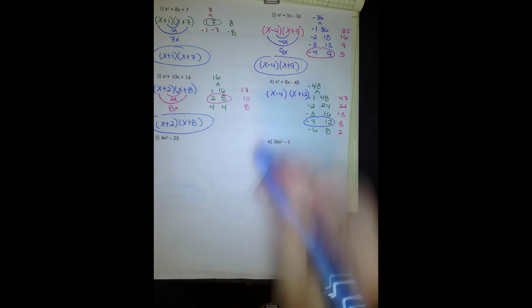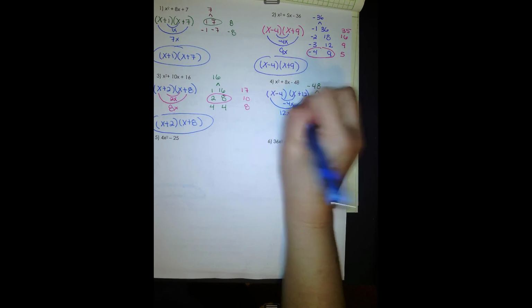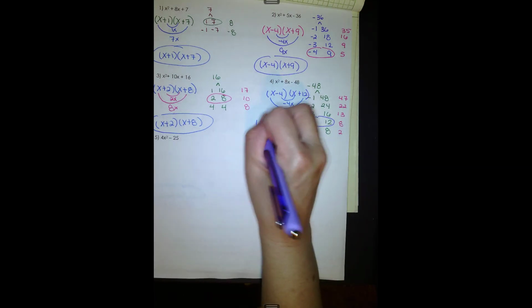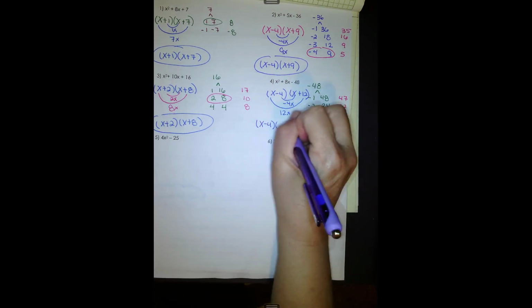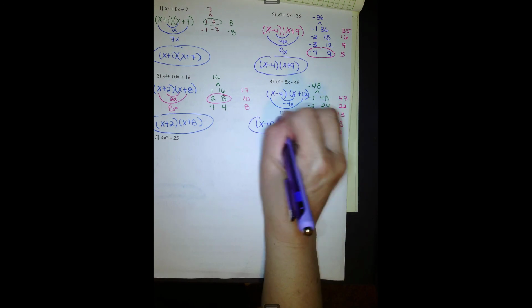Always double check: outer terms, 12x, inner terms, negative 4x, and yes, those do add to be positive 8. So our answer, x minus 4 and x plus 12.